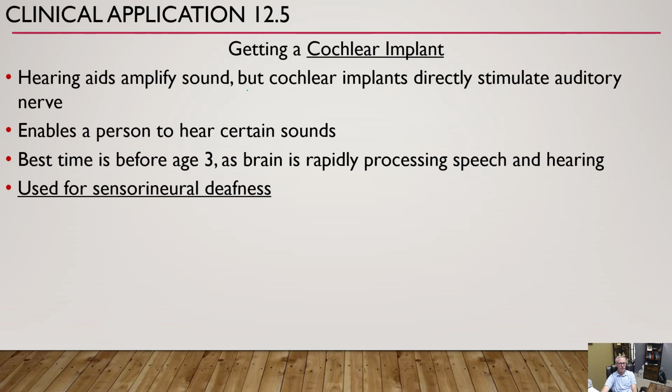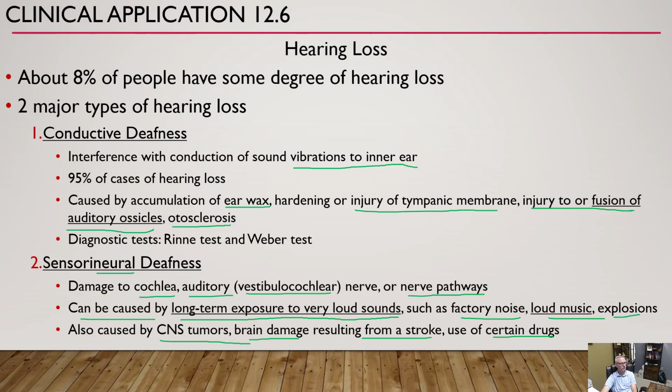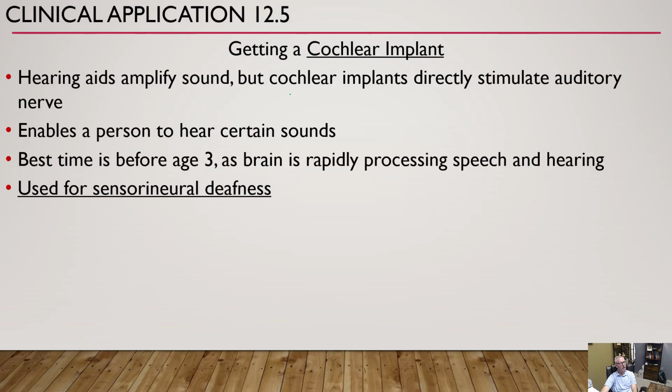Hearing aids would kind of help with conductive deafness, but a cochlear implant actually helps with stimulating that auditory nerve. Remember, the auditory nerve is also called the vestibulocochlear nerve. It stimulates that nerve and helps a person hear sounds. And it's actually used typically if your nerve is damaged.